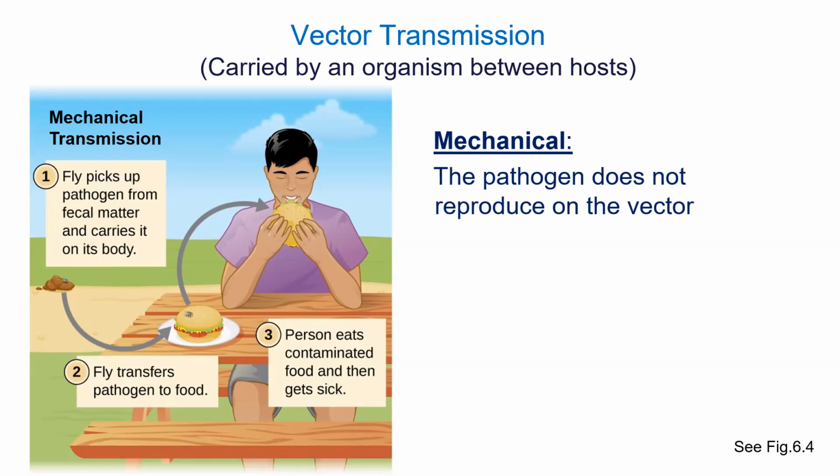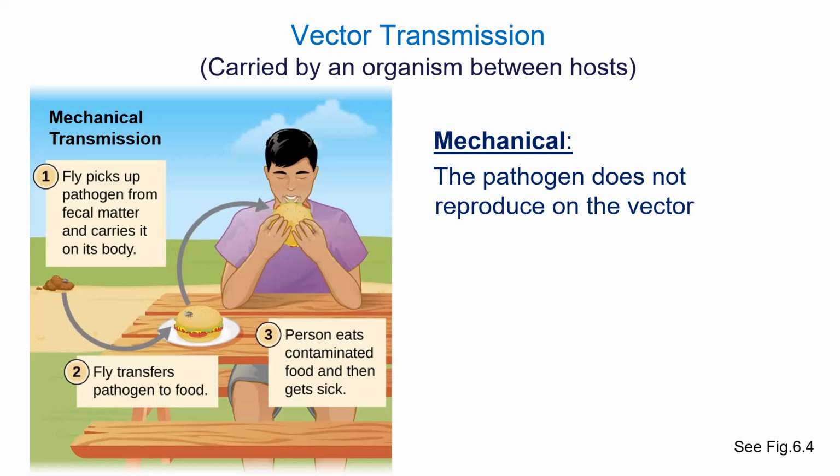So mechanical transmission means that you've got some sort of insect that is not really essential for the transmission of the disease, but it happens. So this is usually more of a sanitary situation, right? So you can imagine where you have, let's say, a cockroach crawls across some fecal matter and then crawls onto your sandwich, right? This is the kind of thing that's going on.